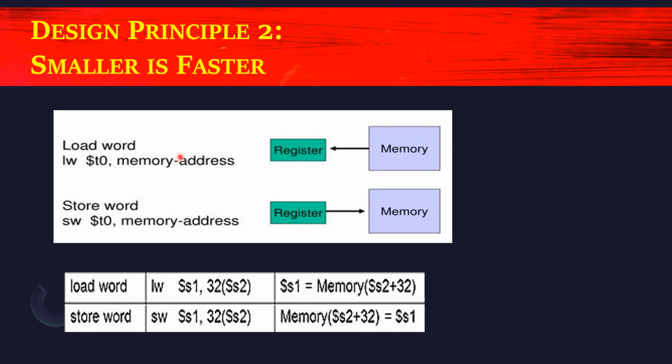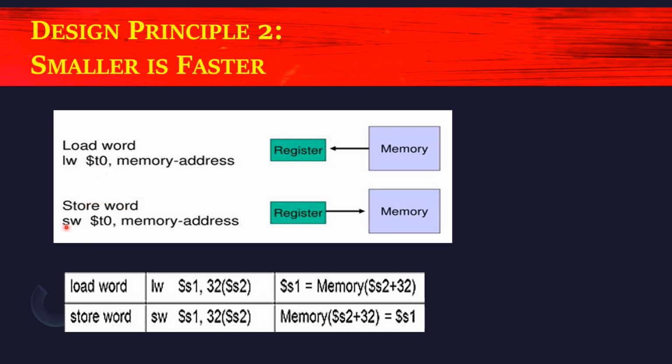The load word command loads the word from the memory to the register, so it transfers the data from the memory to the register. The syntax is LW $t0, memory address, which means the data from the memory address is loaded into the temporary register $t0. The store word is denoted by SW.